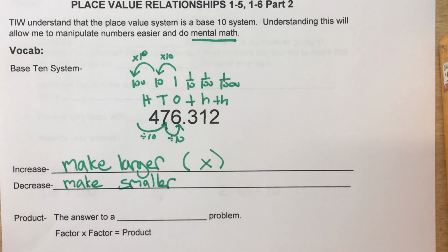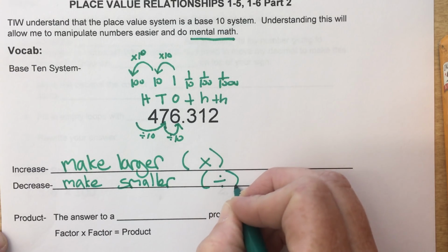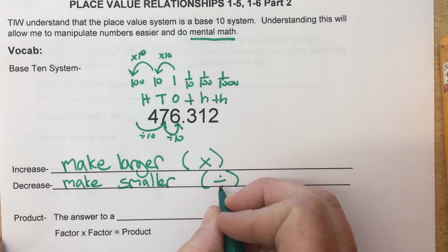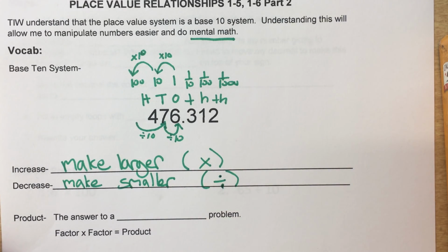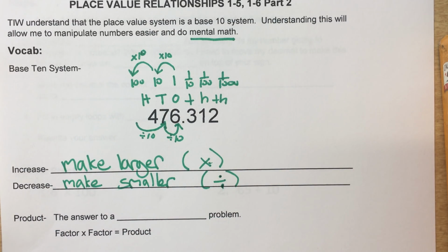And again, we usually think of subtraction or division making numbers smaller. For today's lesson, it's going to be division. So usually when we divide, our number gets smaller. And I keep saying usually because you'll see in a few months that we're going to change that. But for today's lesson, increase is by multiplication, and decrease by division.